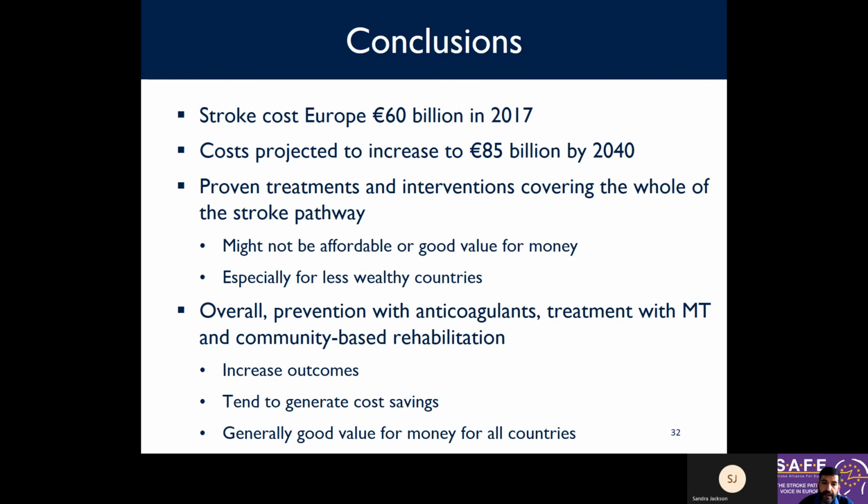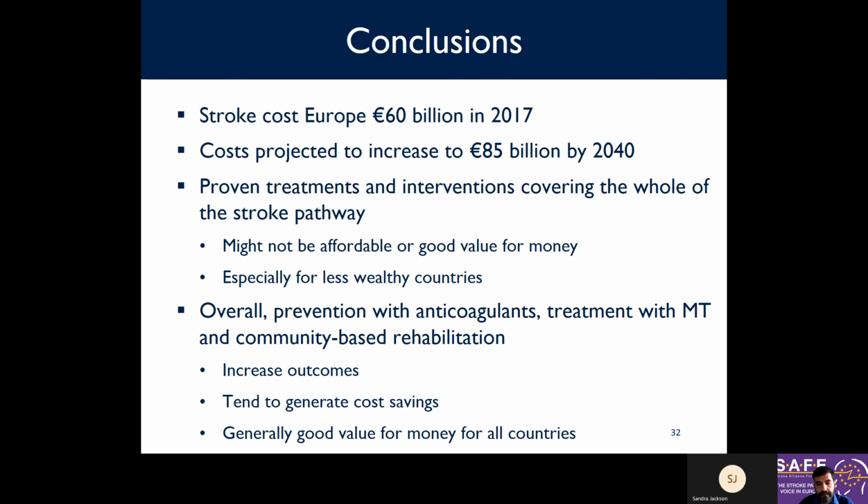However, our study has shown that overall prevention with anticoagulants, treatment with mechanical thrombectomy for acute stroke, and community-based rehabilitation not only increase outcomes, they tend to generate cost savings and are generally good value for money for all European countries.